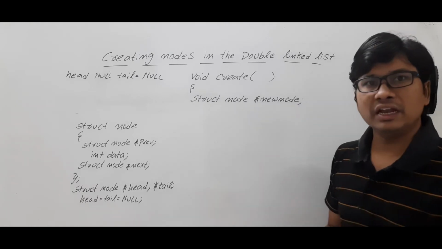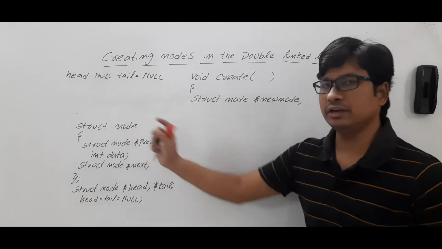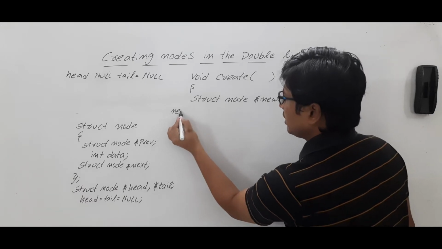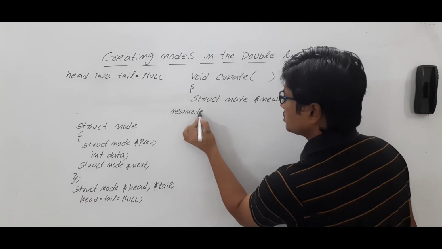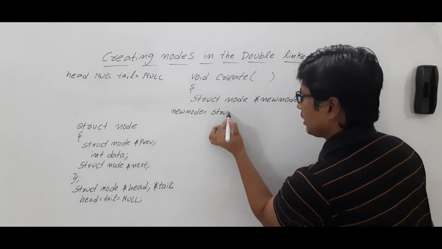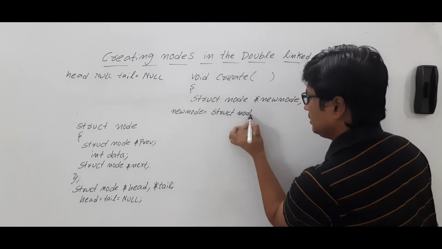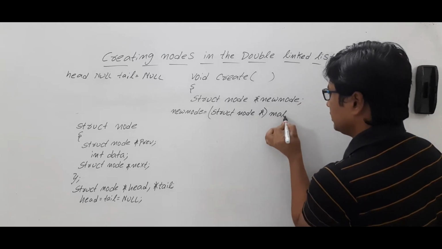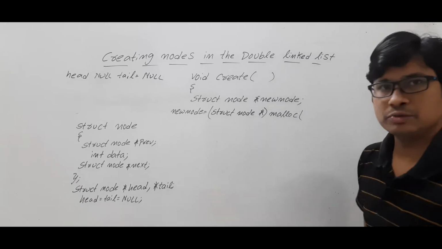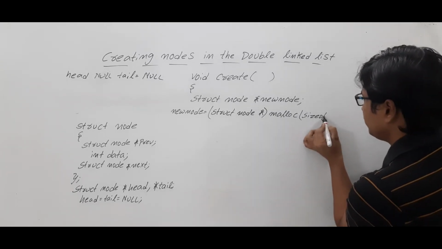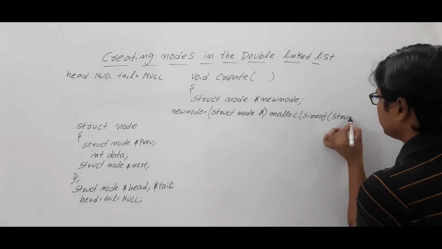Now I need to allocate the memory dynamically for a node. So how can I do it? I will write new node is equal to struct node star. I am doing the typecasting. Then I will use the malloc function, and then I need to specify the size I want, sizeof struct node.